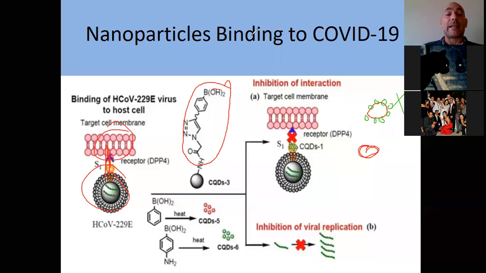These magnetic nanoparticles have a very high density of negative charge, and the RNA is positively charged. So they bind to it, they capture the RNA, and with the magnet, you can remove the RNA from the solution.